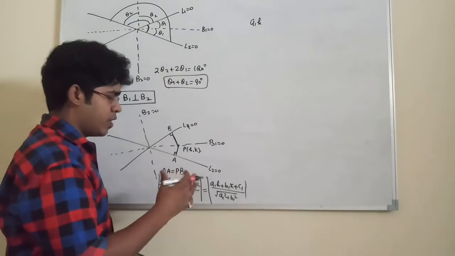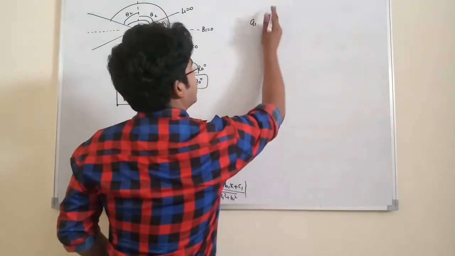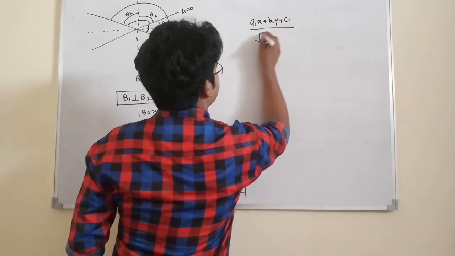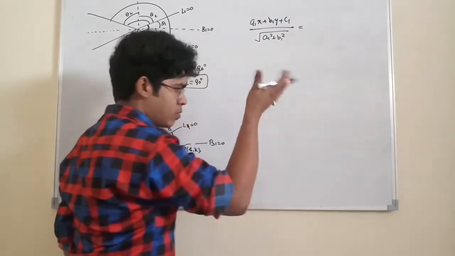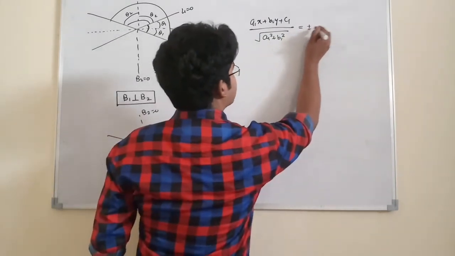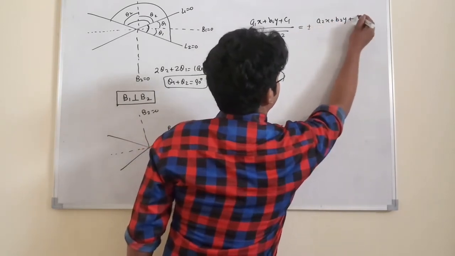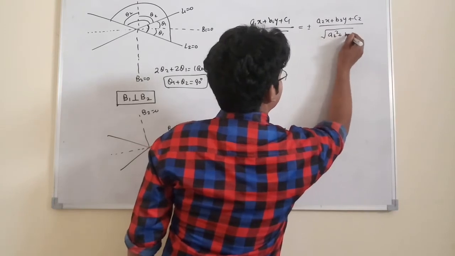So we will substitute h comma k by x comma y to get A1x plus B1y plus C1 upon under root A1 square plus B1 square is equal to, I will open the modulus as well, plus minus A2x plus B2y plus C2 upon under root A2 square plus B2 square.